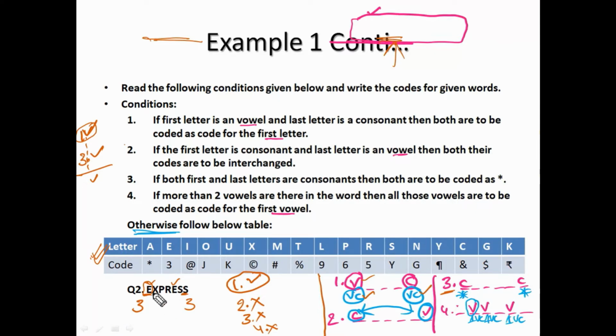X code is copyright. P code is 6. R code is 5. E code is 3. And S code is Y. So this is the answer.